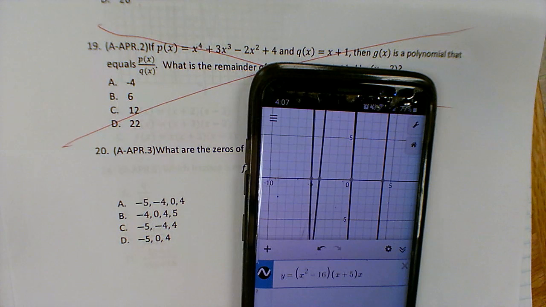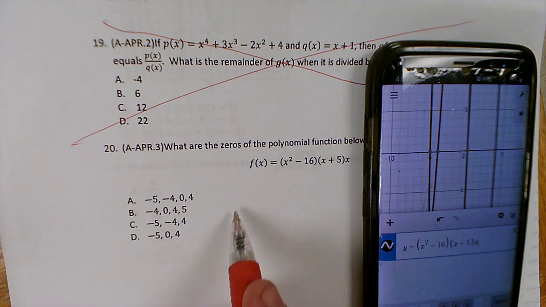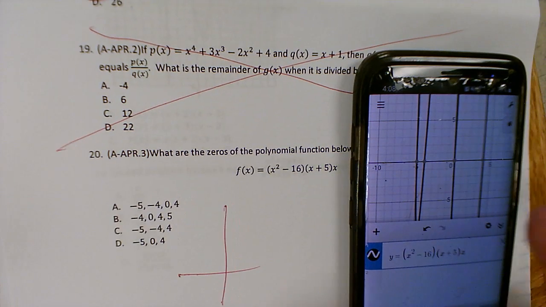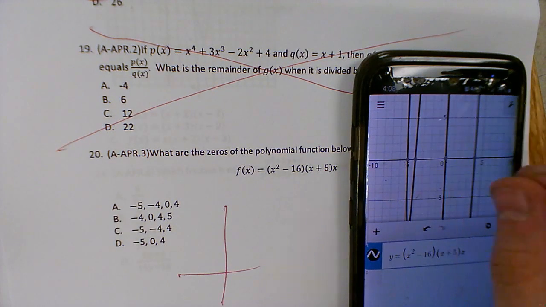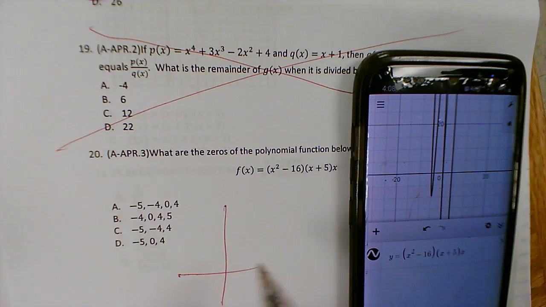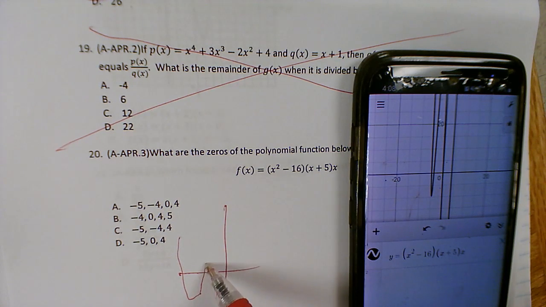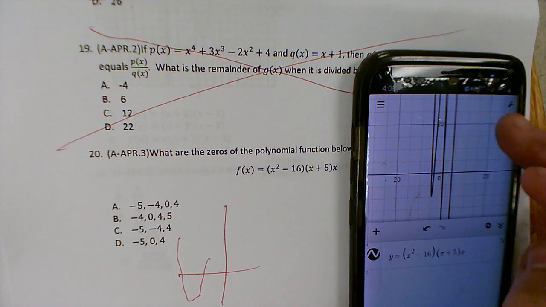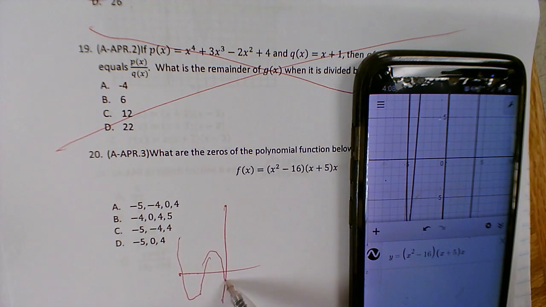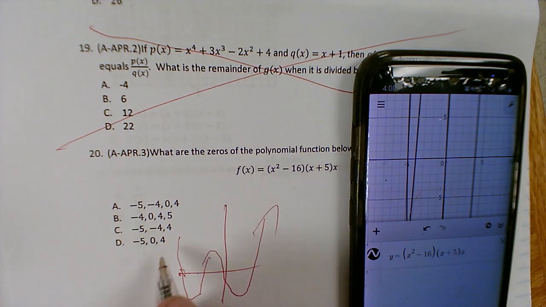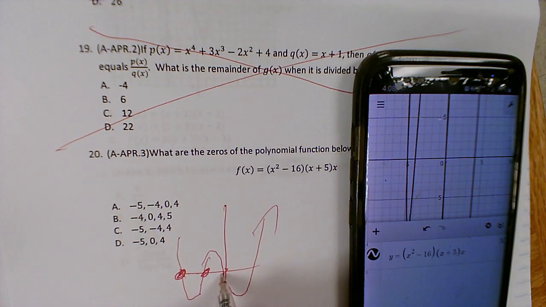I'm just going to leave it the way it is. So this is our graph. It's some ugly graph. But we actually have 4 places where it crosses the x-axis.